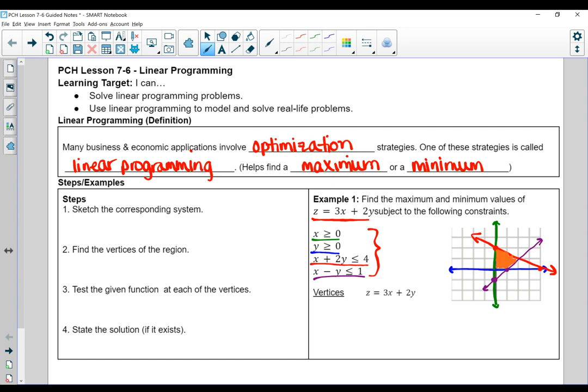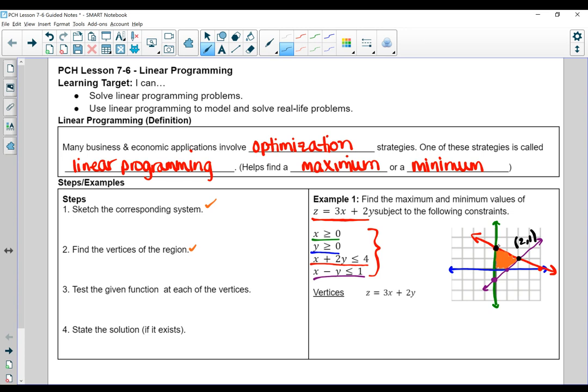And so I've done this first part now. I've graphed that system of inequalities. And now I have to find the vertices. So where are all of the points of intersection of the area that I care about? Here, right here, is one point of intersection, right? That's at 2, 1.